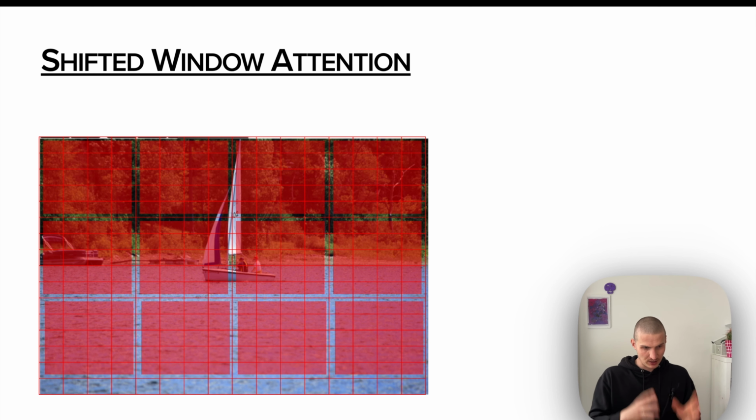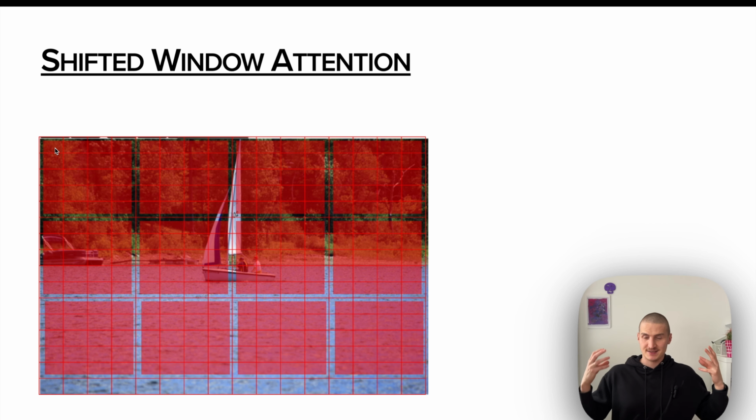And so what we are doing here is we have our input consisting of image divided into patches. And then on top of that, we also define a window, say 4x4 patches. And here it's represented in red.